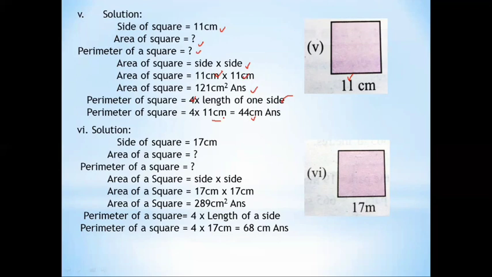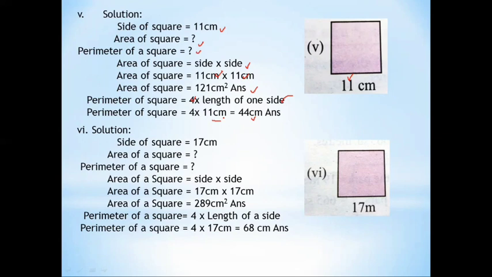Area of the square, its formula is equal to side multiplied by side. The measurement of one side of the square is 11 centimeters. Again, the measurement of the other side is also 11 centimeters. Multiplication of 11 with 11, its answer will be 121. Multiplication of centimeter is square centimeter.